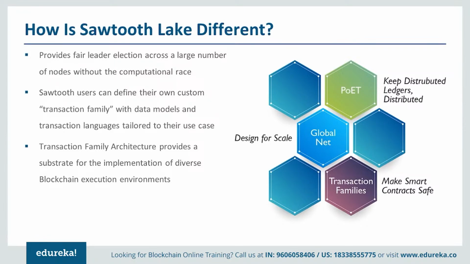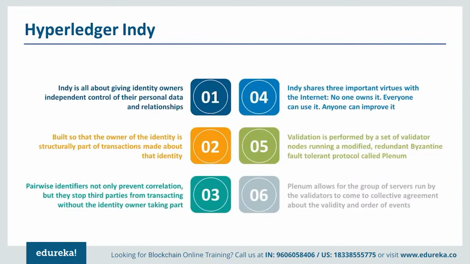Hyperledger Indy, as I mentioned, is basically for identity-based solutions. Identity is one of the critical use cases for blockchain implementation, and Indy is designed to store different kinds of identity, be it your educational credentials or identity-related credentials like your birth certificate, your passport, etc. All these things are easily incorporated in Hyperledger Indy.